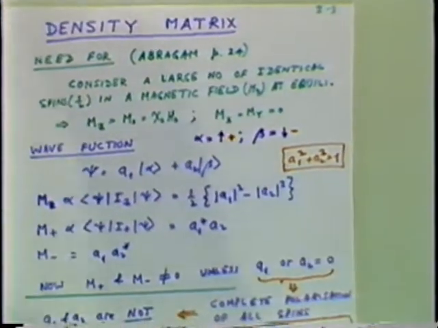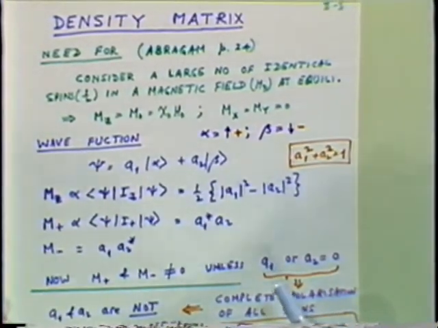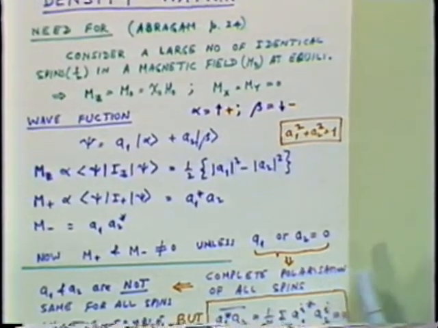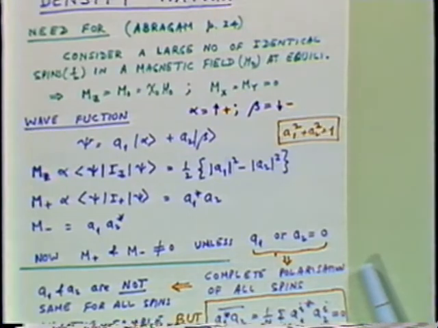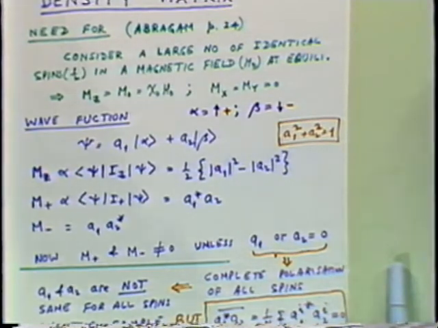This result is somewhat disturbing because it says immediately that M plus and M minus are not equal to 0 unless either a1 or a2 is equal to 0, which means that all the spins are completely polarized, but that's not true. We do not have complete polarization. We do not have the same state of all the spins at equilibrium.